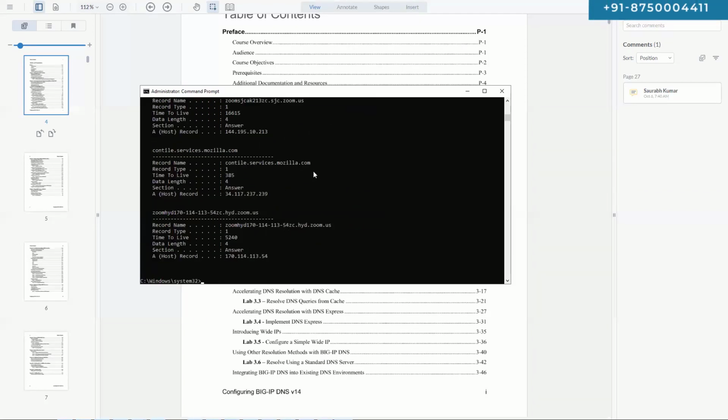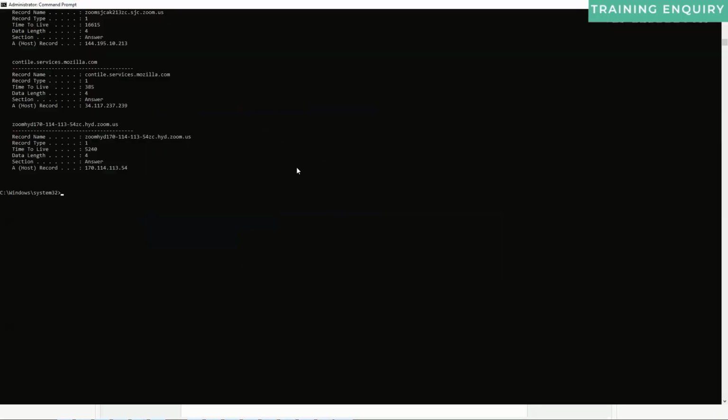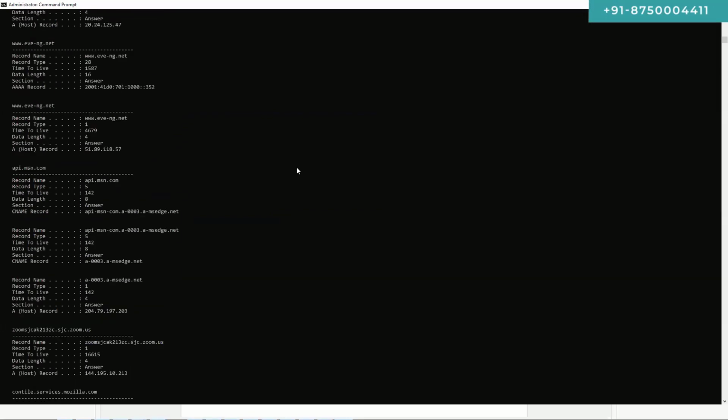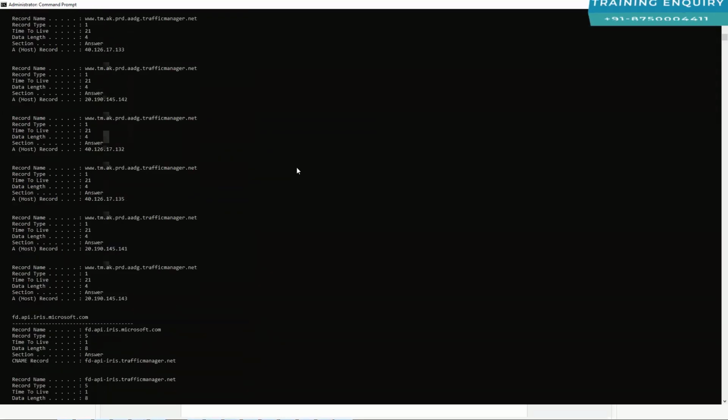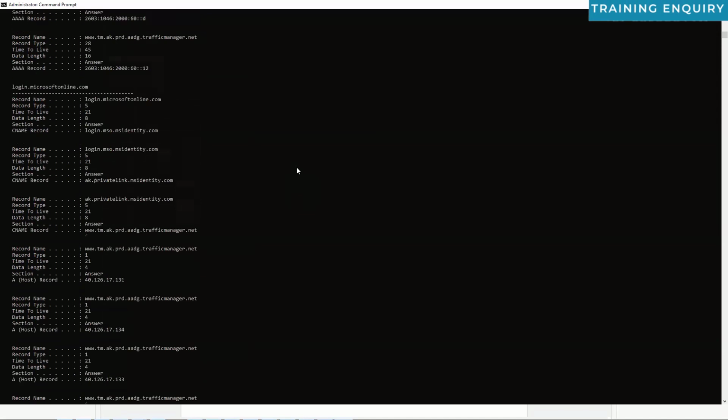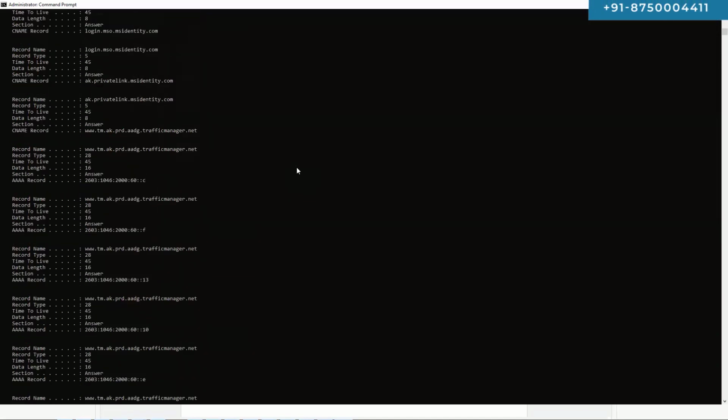It would display the DNS cache available on your machine. You can see that these are all the DNS entries that I have in my local machine, my local laptop's cache, right?